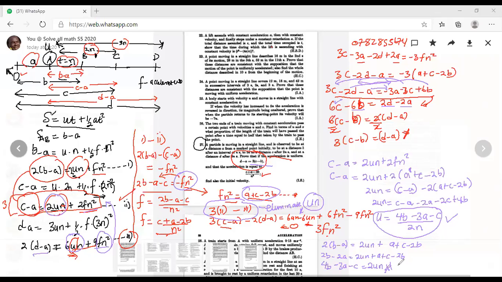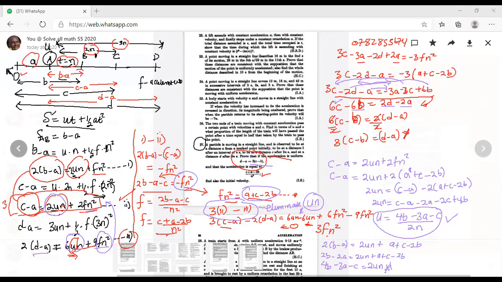So in your free time, investigate equation 3. Yes, please. I don't understand one thing. At the end of the question, they said prove that if the acceleration is uniform, d minus a is equal to 3c minus b, and that the acceleration is equal to c.